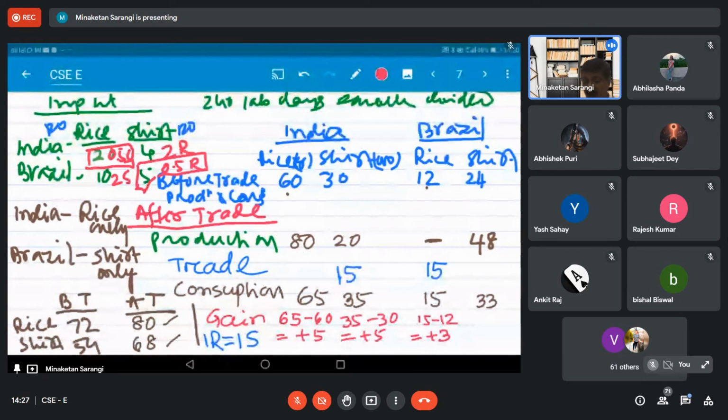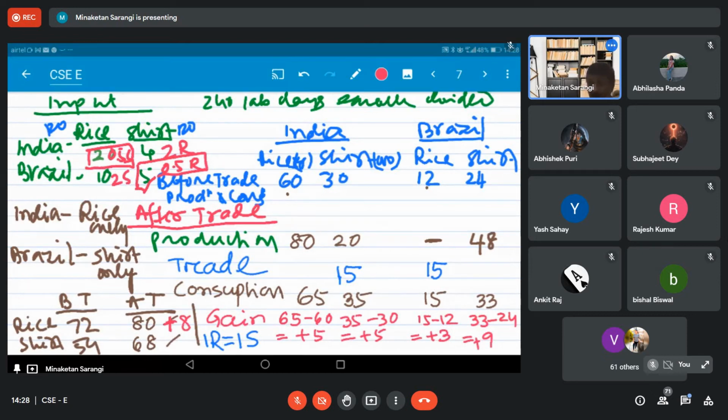So this will be 33 minus 24, that is equal to plus 9. So your total additional consumption of rice by both countries, that is equal to plus 5 plus 3, 8. So here after trade consuming 80, before trade consuming 72, gain is plus 8 to both the countries.